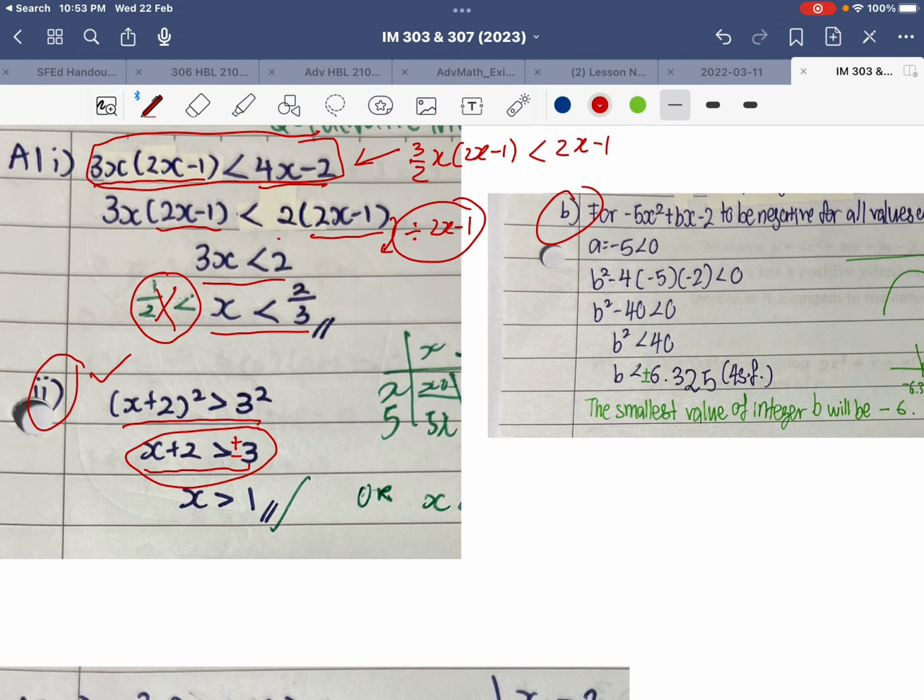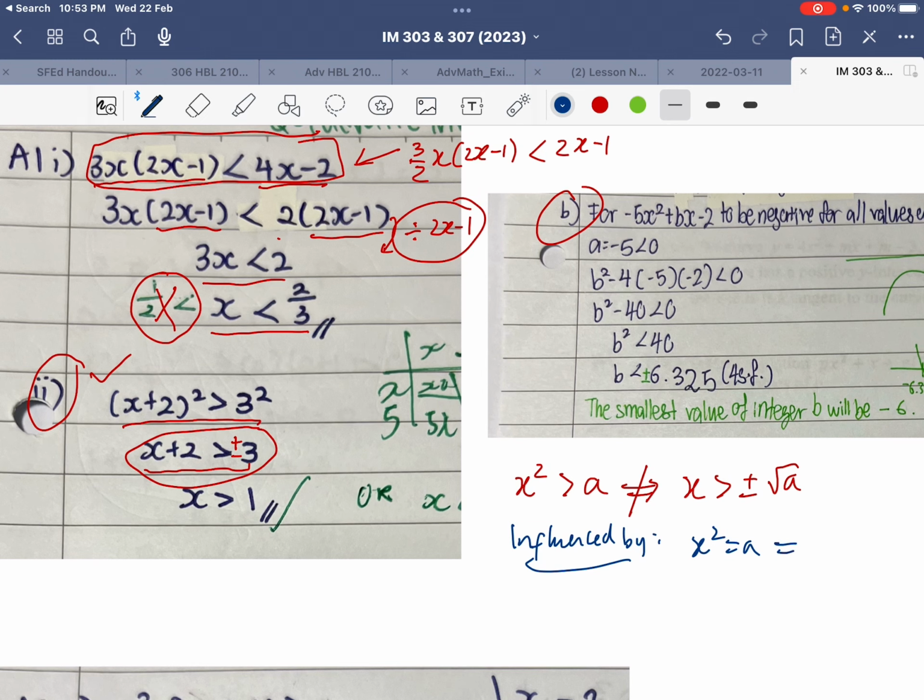When you have inequalities, for example, x squared greater than a, it doesn't mean that x will be greater than plus or minus square root of a. Your thinking was influenced by the equation. When x squared equals a, then you have x equals plus or minus square root of a. But it is not true for inequality.